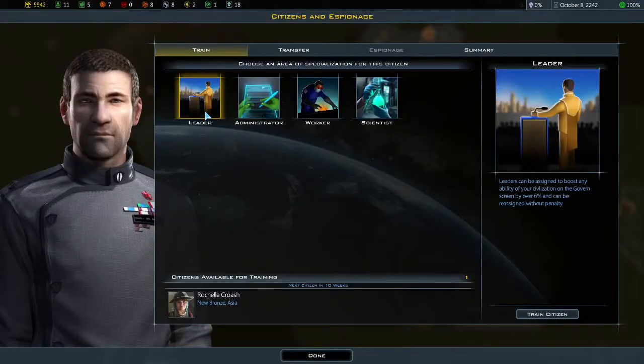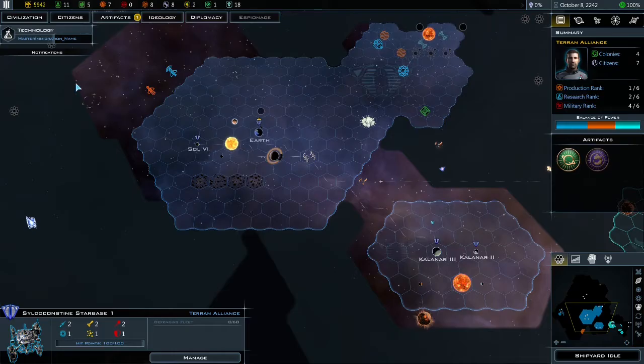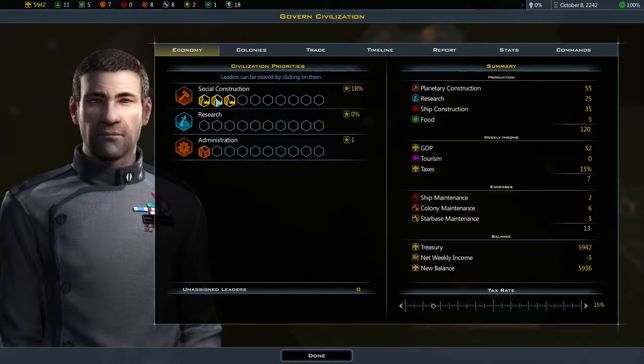And thanks to our ideological research, now we can get a new citizen to be our leader. So if we train them to be a leader, you can go under your civilization and you can see them in here.